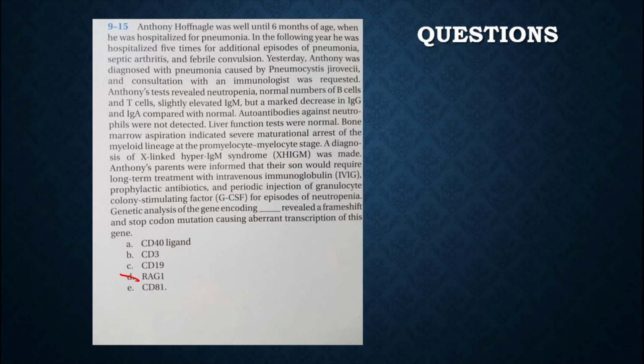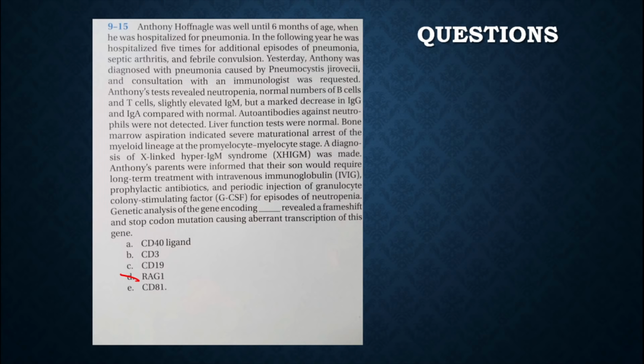So if you lack that ligand, all you can do is make IgM. You can't make any of the other subtypes. They talk about being severely depressed in IgG and IgA, and that's because without that CD40 ligand, you can't fully activate your B cell and will never undergo class switching.